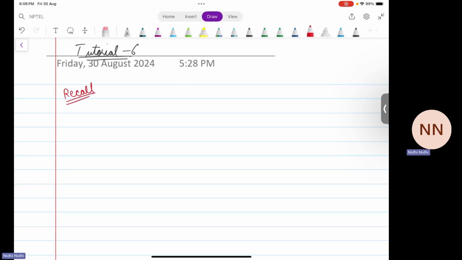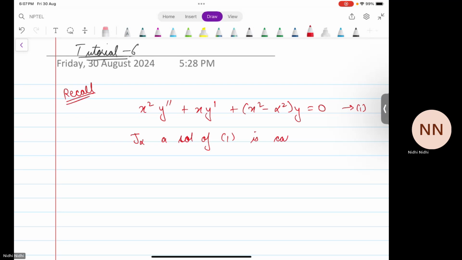that Bessel's functions are basically the solutions of the differential equation of the form x square y double dash plus xy dash plus (x square minus alpha square) y equals 0. Corresponding to different alpha, a solution of this equation is called J alpha, the Bessel's function.